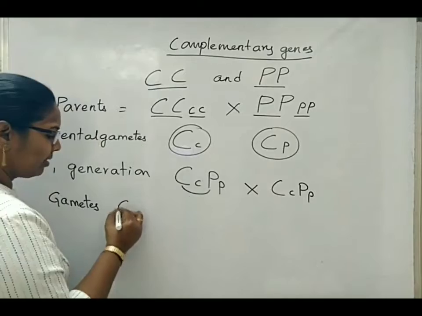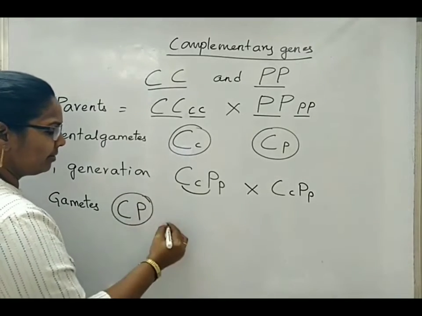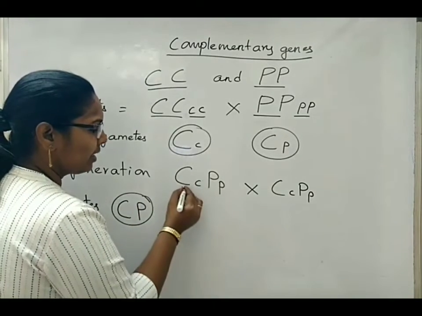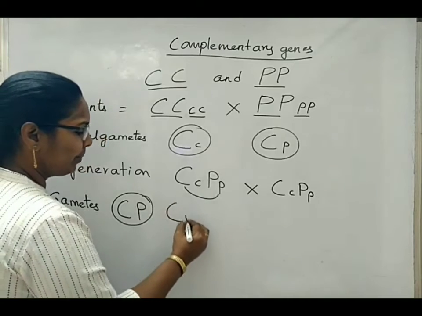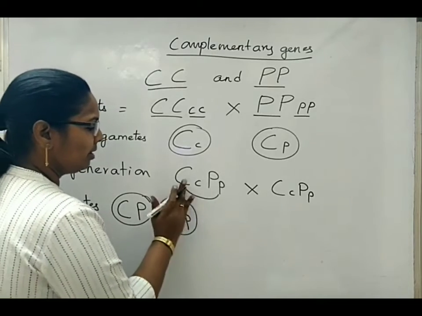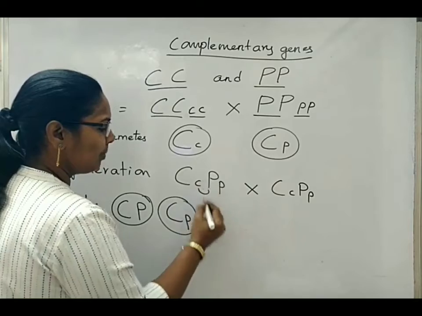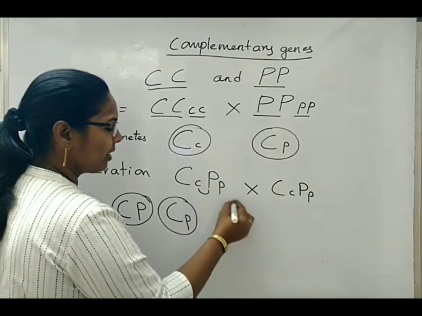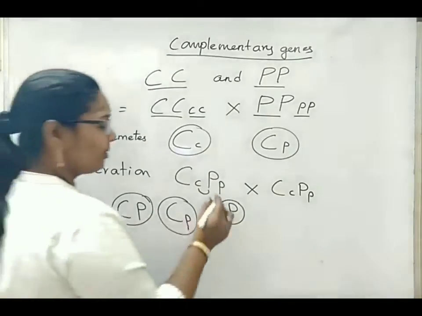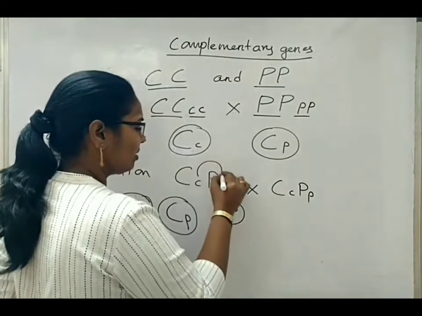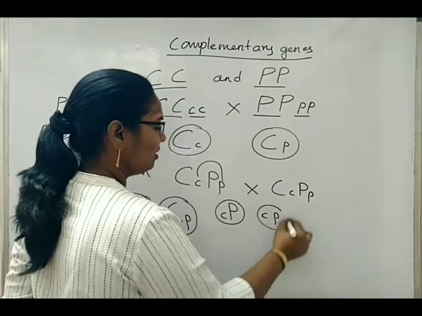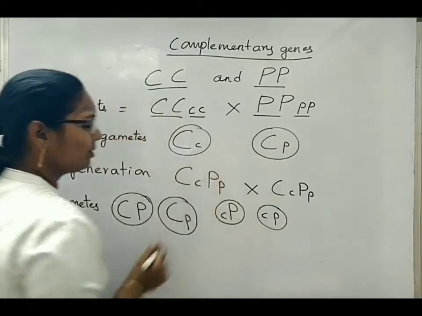capital C paired with capital P, one type of gamete. Now, capital C paired with small p, that is like this. Now, small c with capital P, that is another gamete. Now, small c with small p, that is another allele pair in the gamete combination.